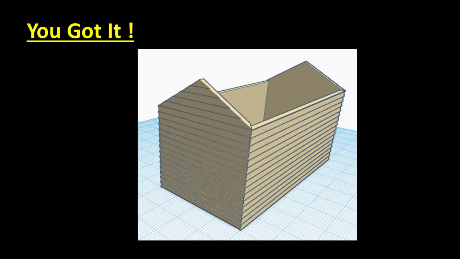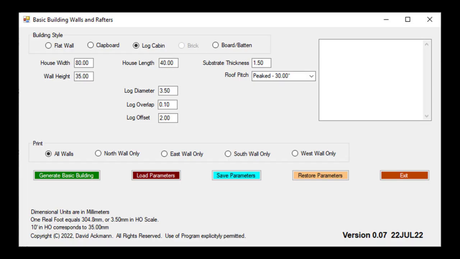Here is the end result for our clapboard basic building. We took all the defaults on this one, but you are free to modify the design to meet your needs. No windows or doors just yet, just 4 walls, but the details will come later. Trust me. Different wall types have different options.